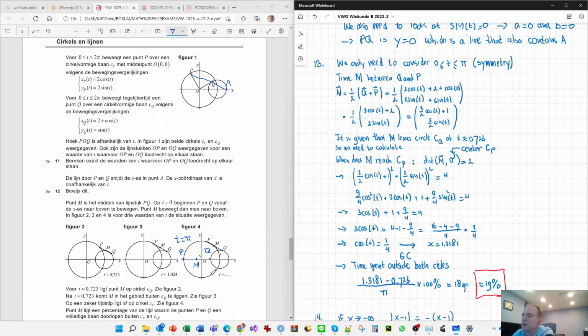It also spent time outside right here, so you could multiply this by 2, but the total time will also be twice as long, so it won't change the result.